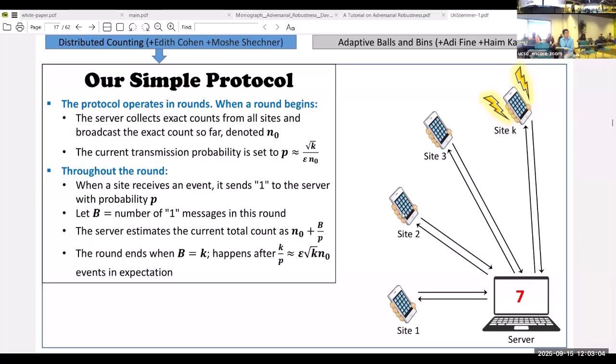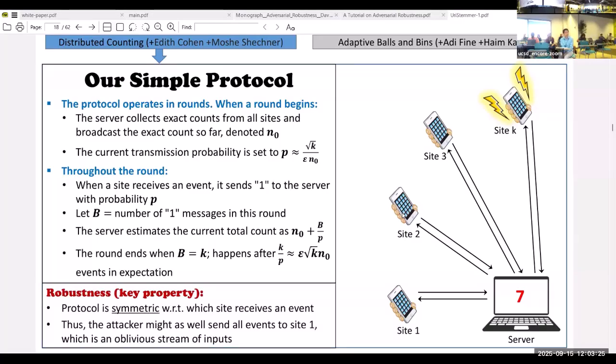Okay. Yeah? More questions? Is the protocol clear? So in this round, the value n0 is actually increased by way more than 1 plus epsilon, right? Yeah, increased by that, from n0 to epsilon times root k times n0 plus n0.